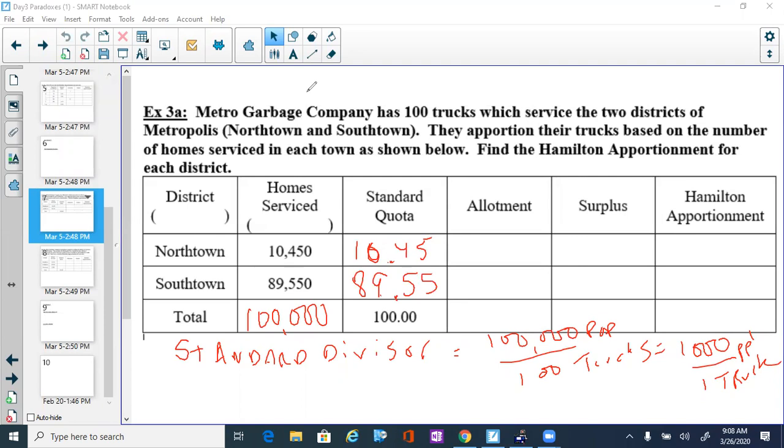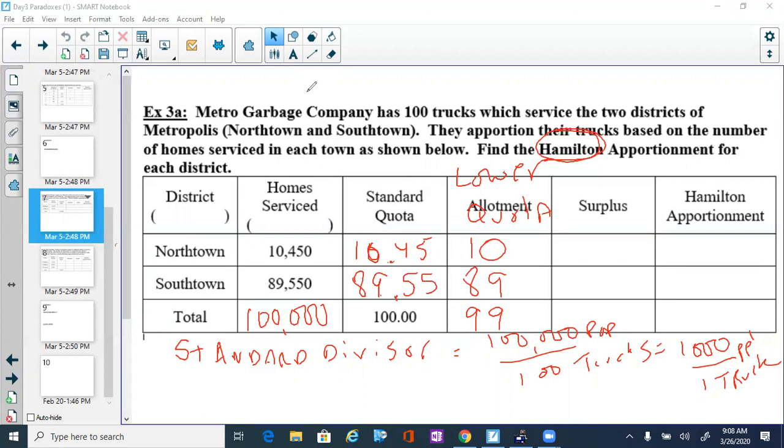Based off of Hamilton, we're going to round down to the lower quota. So this becomes 10, this becomes 89. And that gives us 99, which means we are one truck short of the 100. So we've got to find out where that goes.